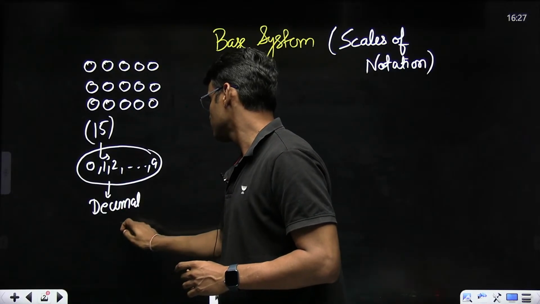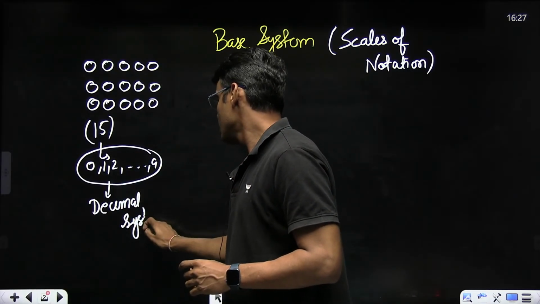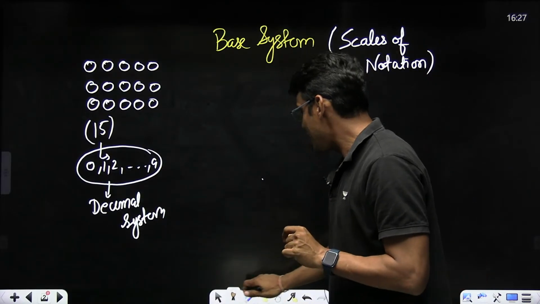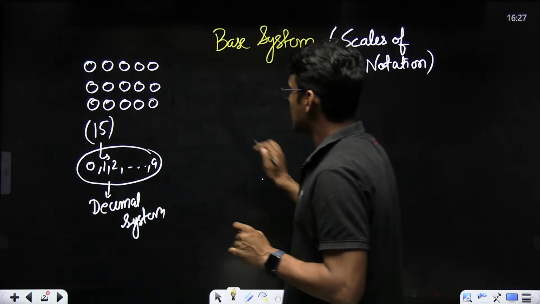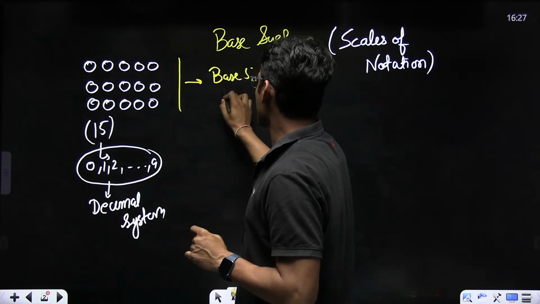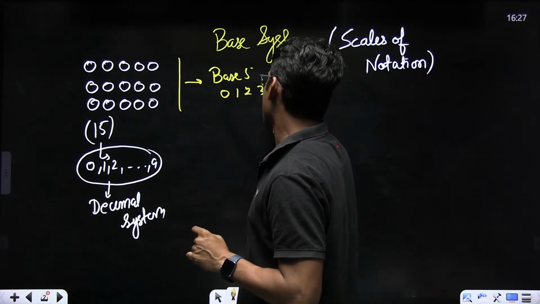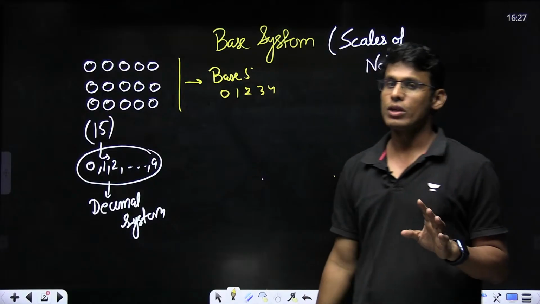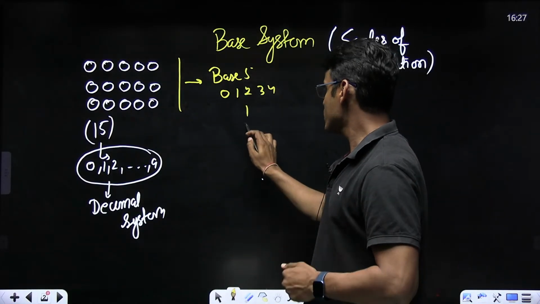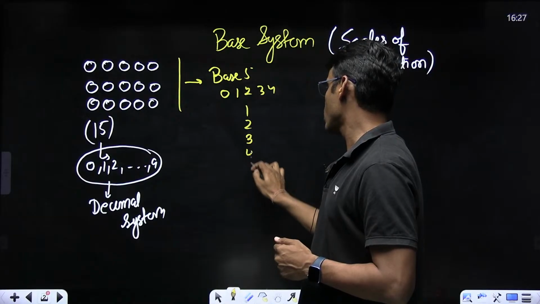Now just imagine you were to write this in base 5. Base 5 means you have only 5 digits available, that is 0, 1, 2, 3, 4. So how would I count it? 1 orange, 2 orange, 3 orange, 4 orange.